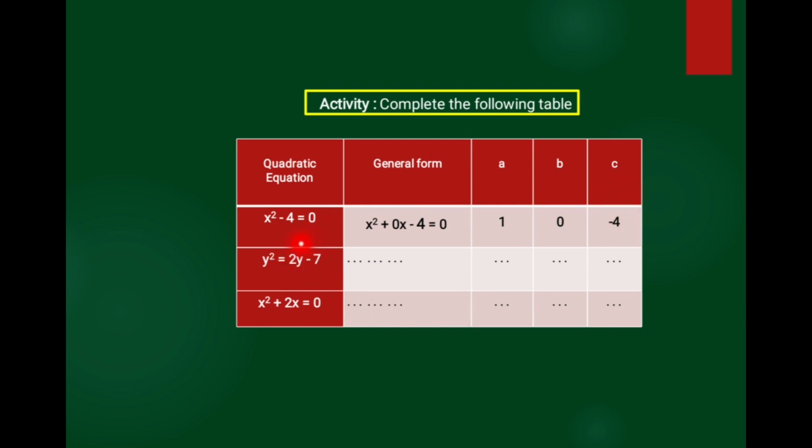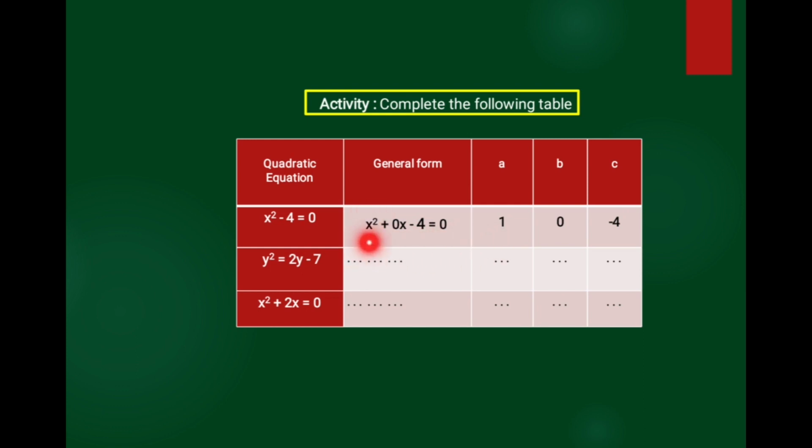So see, for example, the first equation is x square minus 4y equals to 0. Here the term of variable x is absent, so we introduce that term by writing its coefficient 0, because 0 into x is 0. So x square plus 0x minus 4 equals to 0 is the general form.